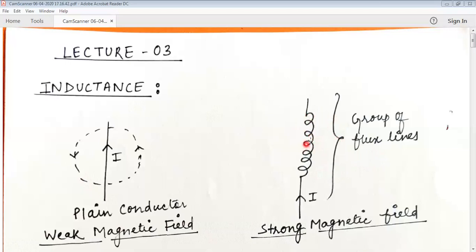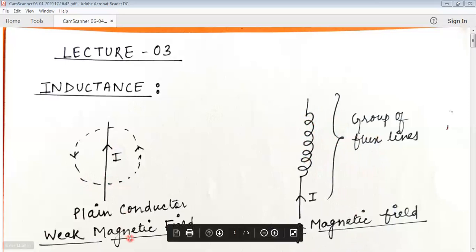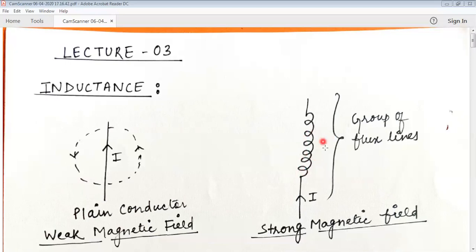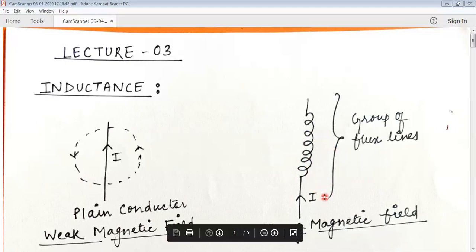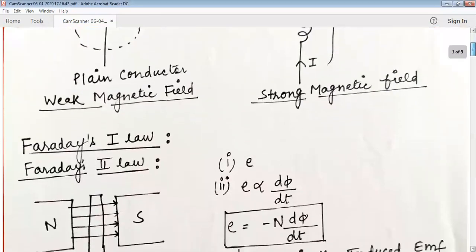Because of so many turns in the coil, there will be a group of flux lines, so there will be a strong magnetic field. If we stretch the coil, the group of flux lines decreases and hence the magnetic field is weak. So a plain conductor gives a weak magnetic field, and when you convert it into a number of turns, there will be a coil and a strong magnetic field. Clear?